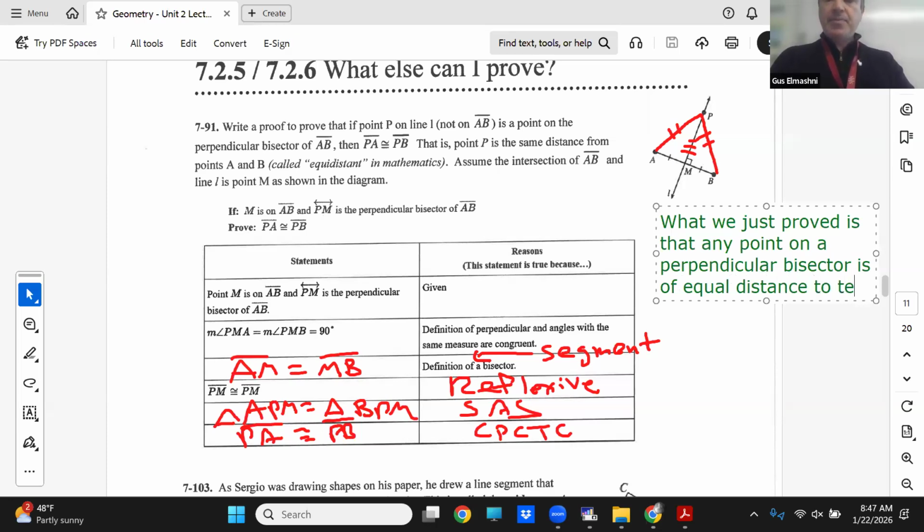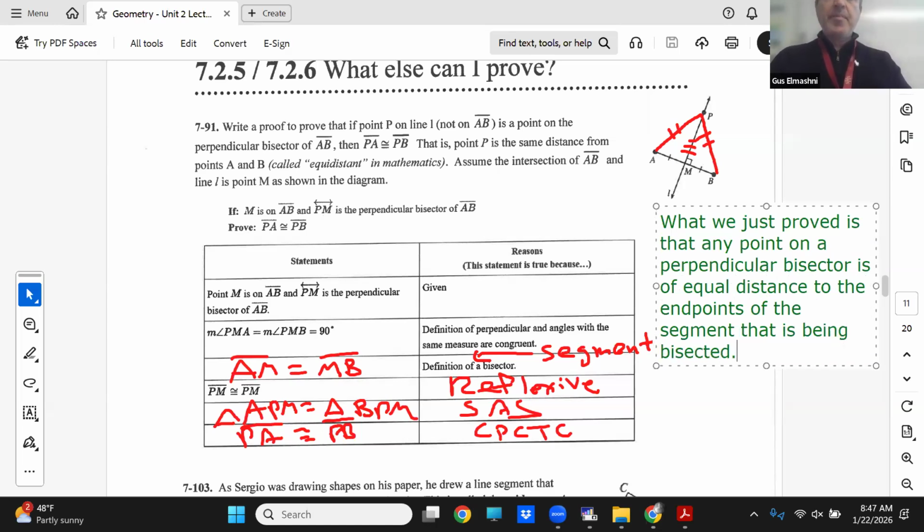Go ahead. Bisector. Yes, but is of equal distance to the endpoints of the segment that is being bisected. And that's a little long-winded there, but that's what we just proved.